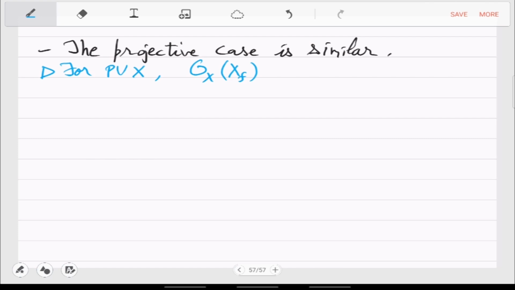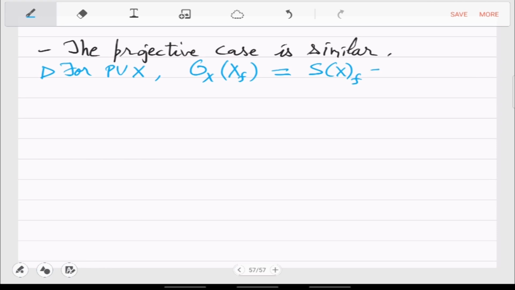These are the points of the projective variety X which do not annihilate f, the polynomial f. So, analogously you can show that this will be the homogeneous g over f to the r, where degree of g and degree of f to the r is the same.